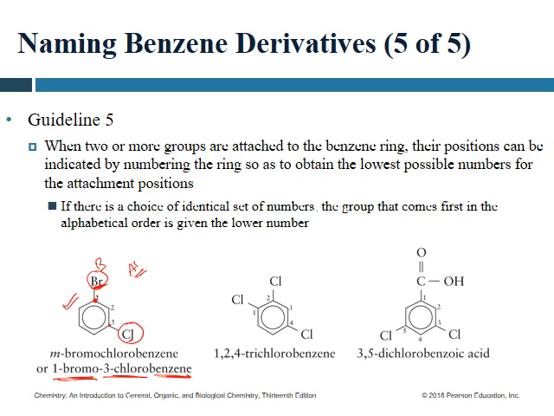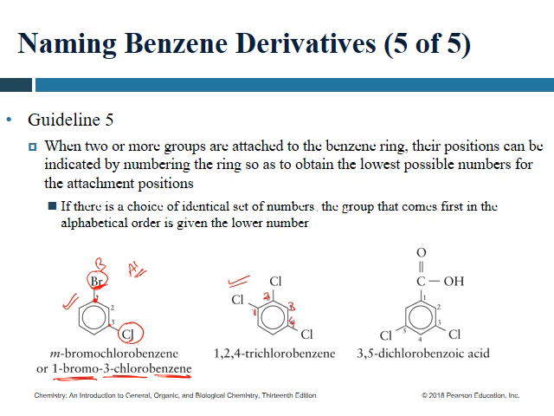Right. Similarly, in the second example over here, we have 3 chlorine attached to the benzene ring. So we have to number it in such a way that all the chlorine will get the lowest number. So if we start from here, 1, 2, 3, 4.